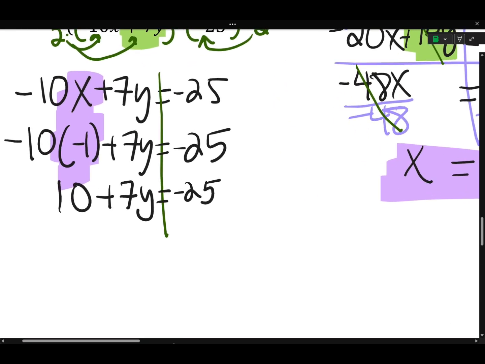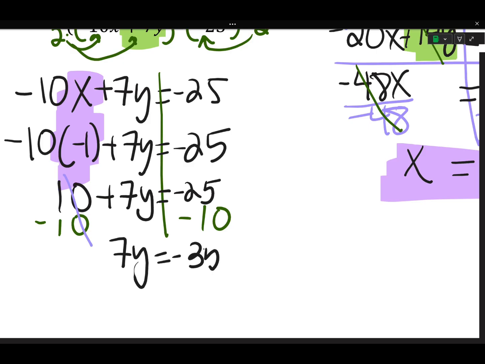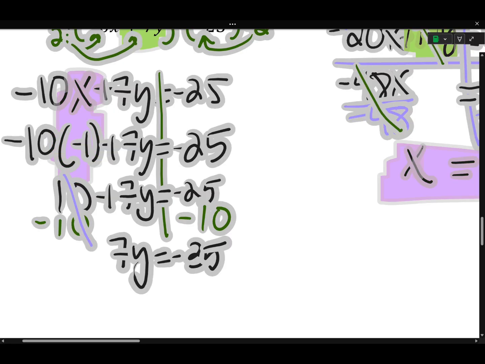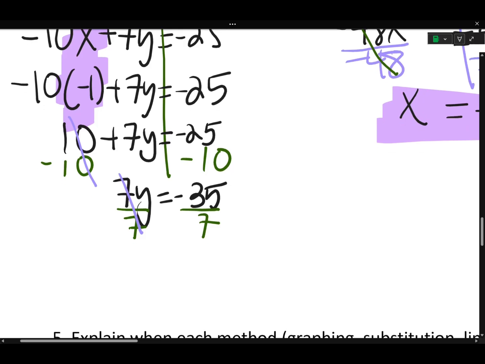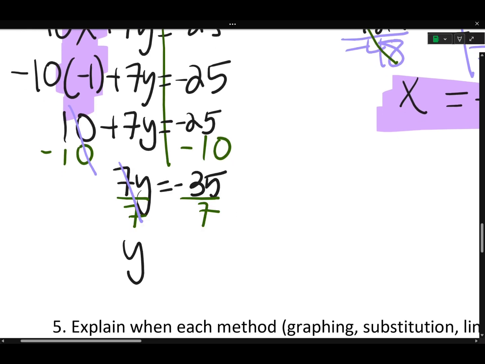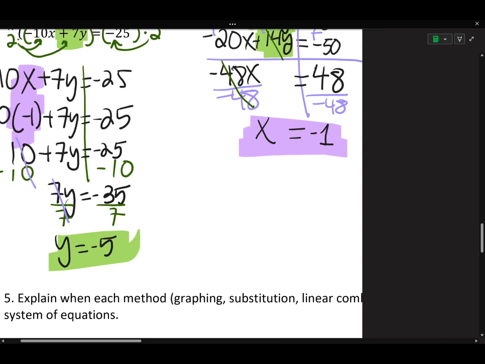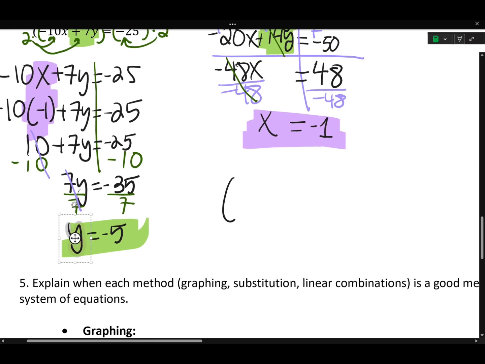I'm going to subtract 10 from both sides to undo the positive 10. So I'm left with 7y equals negative 35. And we get to finish by dividing both sides by 7, because 7 divided by 7 is 1. And then y equals negative 5. So our final answer is negative 1, negative 5.